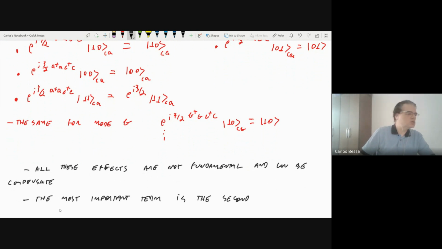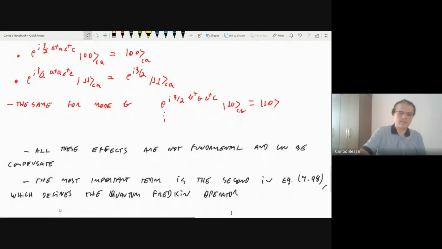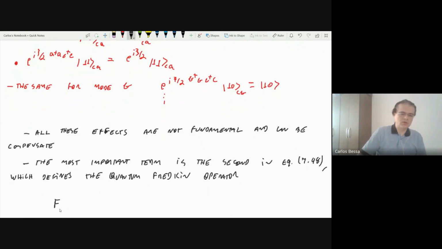It's the second in equation 7.48, which defines the quantum predicting operator. So the second term is this one.